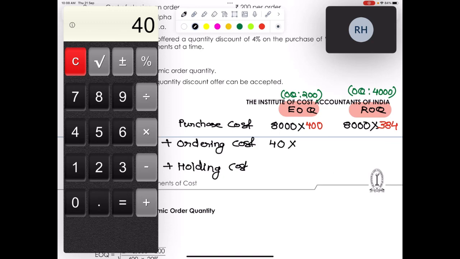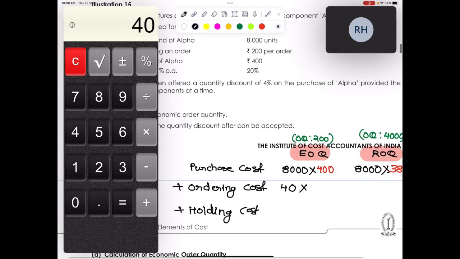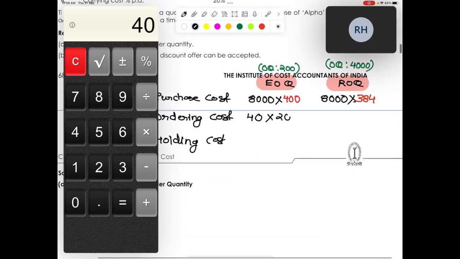And the ordering cost is 200 rupees. But if I purchase 4,000 units in a single order, it means I have to place only two orders to get the complete annual requirement, multiplied by 200 rupee.